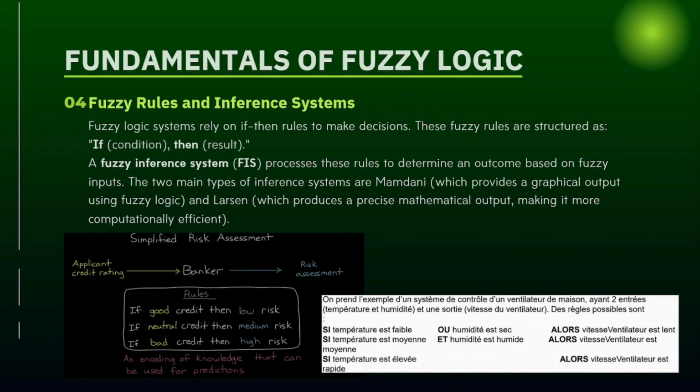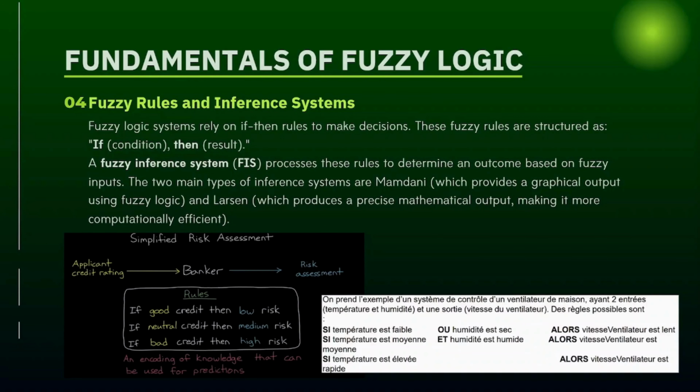We're going to see them later, but this is the overview of the steps. The fourth and last fundamental of fuzzy logic is the rules. These are the fuzzy rules that exist in a fuzzy inference system. Fuzzy logic systems rely on if-then rules to make decisions.